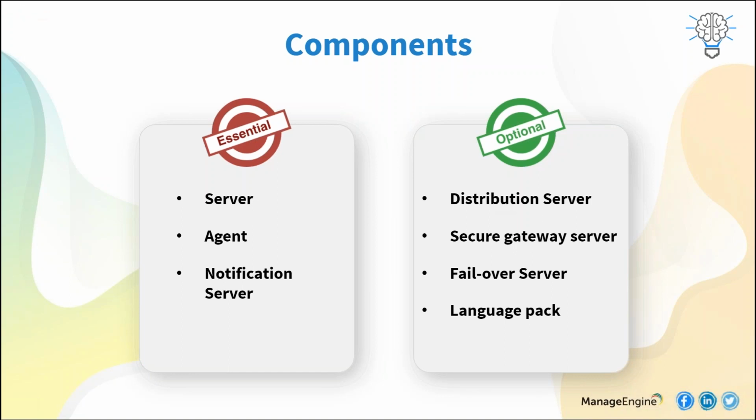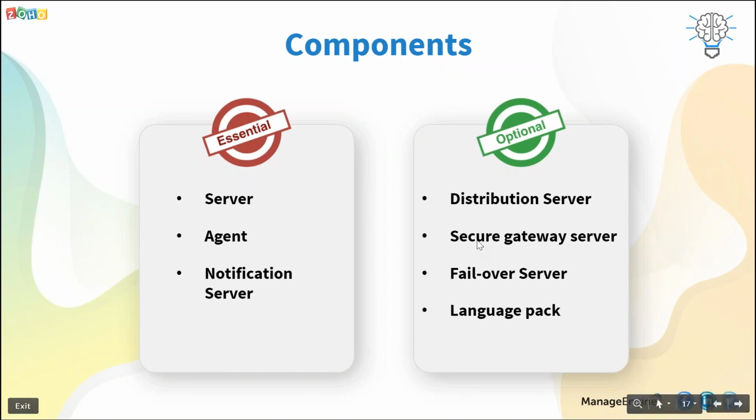Let's say you have a patch of size 20 MB that needs to be deployed on all the endpoints. Instead of each agent replicating this patch binary, the distribution server will replicate it from the central server just once and will distribute it internally within the branch office. This reduces the load on our central server.